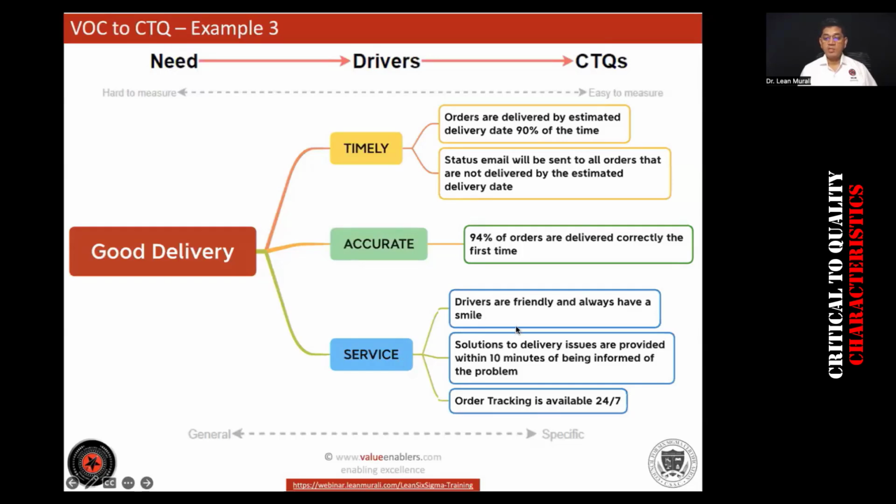Service, tracking is available, and critical to quality is 10 minutes of being informed of the problem if there is a service issue. So these are some of the specifications that you measure: timeliness, how accurate it is, and the service. If this example was useful, type super useful in the chat box.